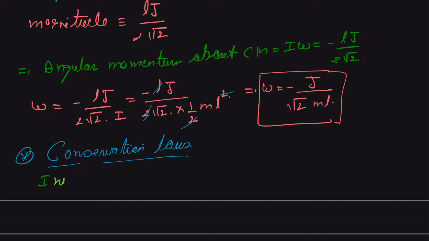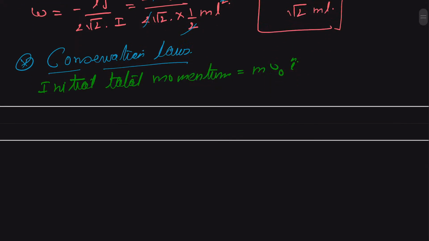Initial total momentum will be equal to m v naught i unit vector, and our final momentum we can write as m vc prime plus twice m and velocity of center of mass.